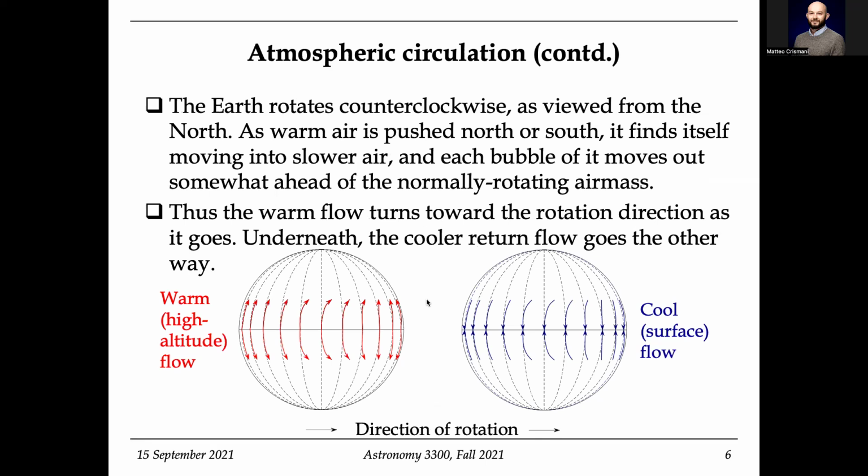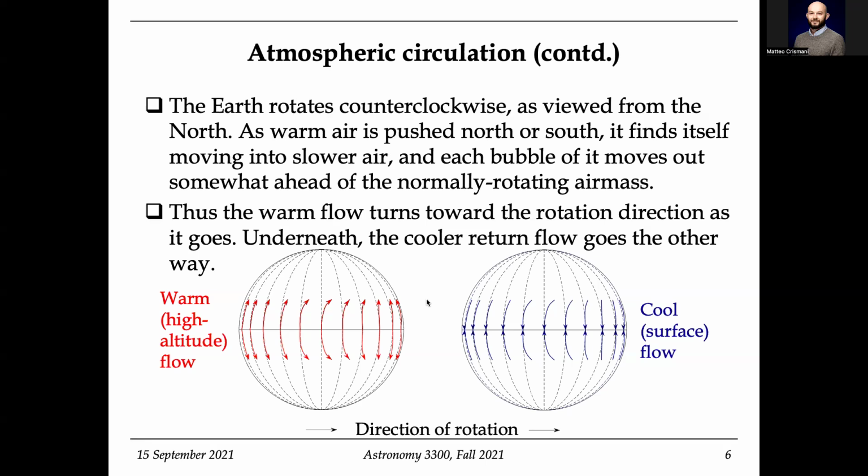So in the northern hemisphere, we said it turns to the right, right? And that's that warm high altitude flow. That's this piece here, but now it's moving away from the equator and it's turning, right? And as warm air is pushed north or south, it finds some moving in slower air and it moves out of the normally rotating mass, right?